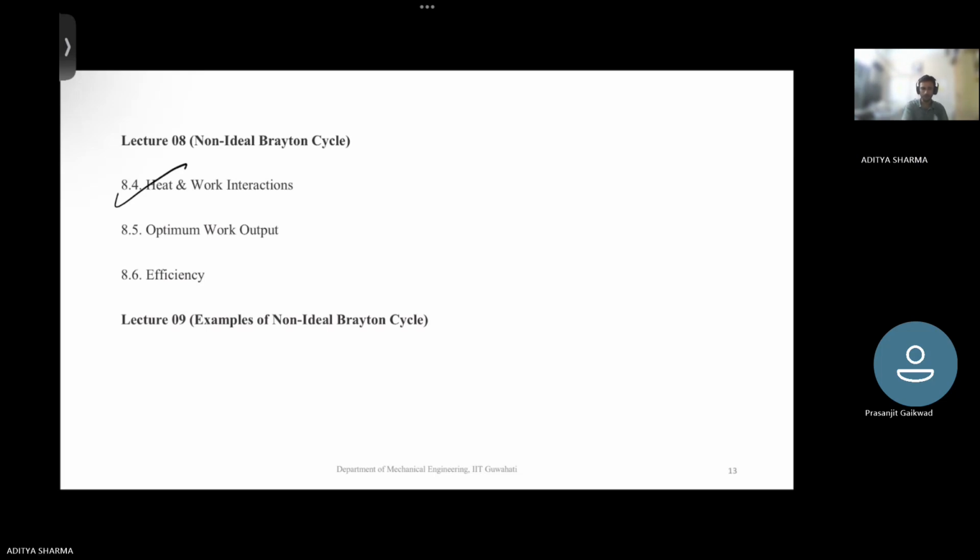After this is your optimum work output. This is the beta. Beta is T3 by T1, T max by T min. Then maximum network can be found out from here. Then maximum efficiency can also be found out based on it.